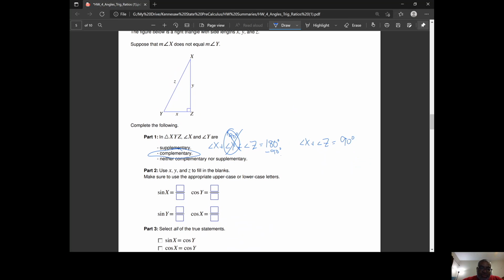All right, so sine of x is equal to the opposite, which is little x, over the hypotenuse, which is z. Cosine of y is equal to the side adjacent to angle y, which is x, over the hypotenuse, which is z.